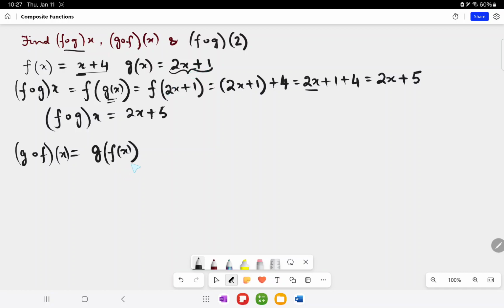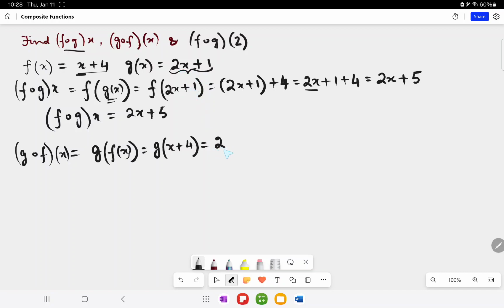That means this whole expression x plus 4 is going to be substituted into the x variable in the g of x function. I'm going to replace the f of x with x plus 4, which is the equation of f of x.